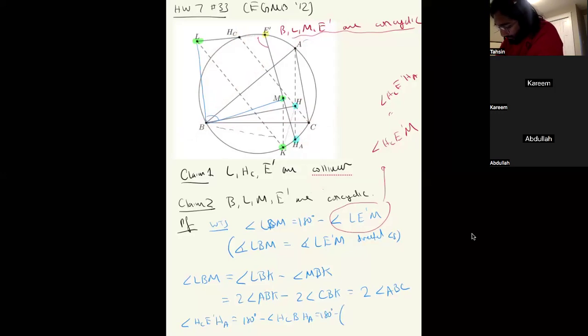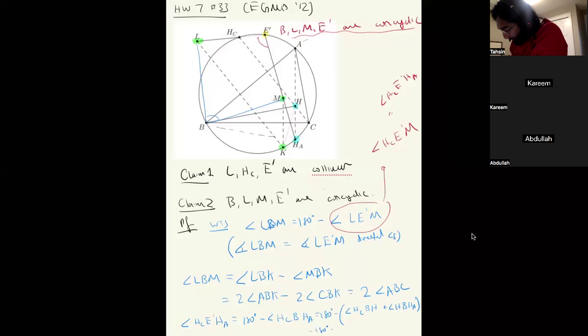HCBHA is HCBH plus HBHA, and those are both double angles.